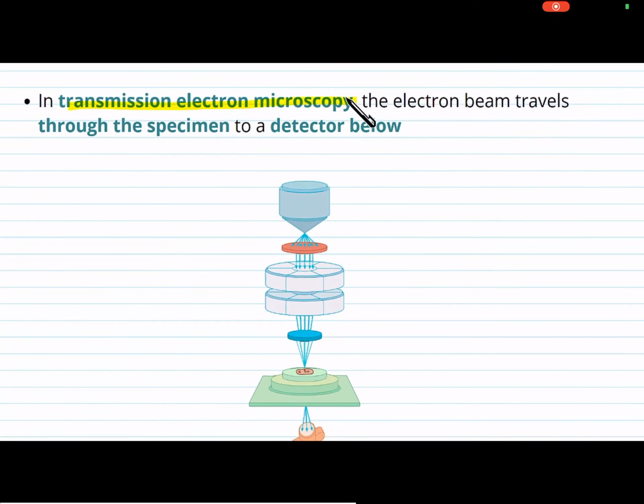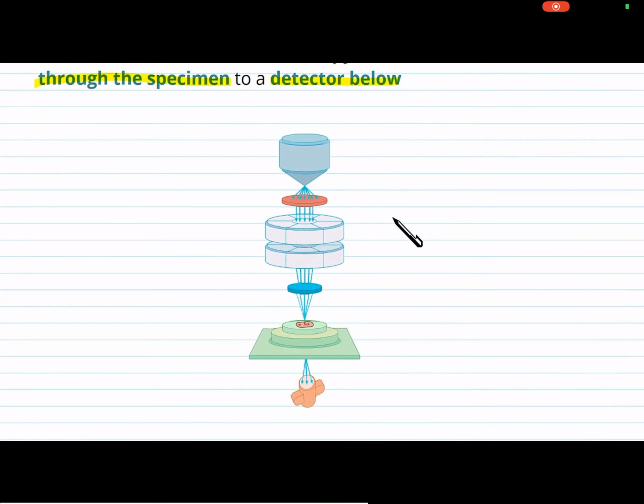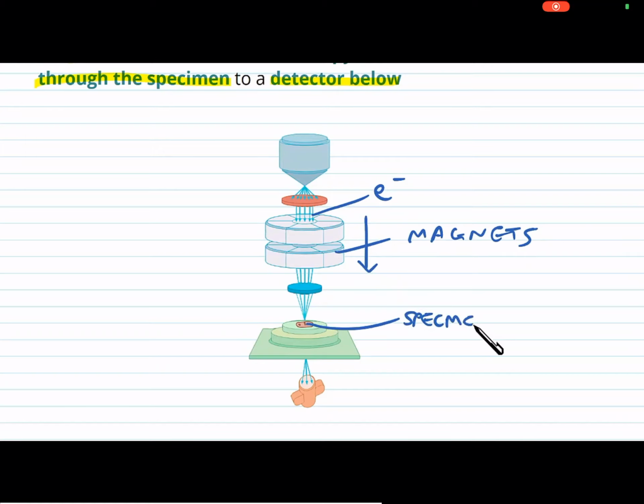In transmission electron microscopy, or TEM, the electron beam travels right through the specimen and the detector is below. This time we have a very similar setup where our electrons pass through with the magnets, but the specimen is placed here, and remember the specimen for both of these types has been coated in metal and put in a vacuum. The electrons pass through the specimen and get to a detector which is underneath.